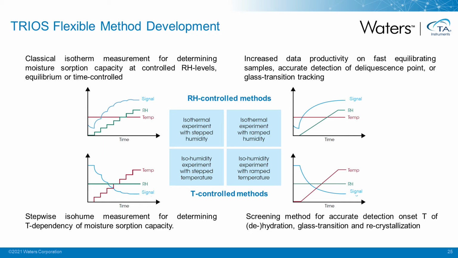The lower half is about stepping temperature or ramping temperature. Again, for fast equilibrating systems, maybe you're going to do temperature ramps in an isohum type of experiment. We saw that with respect to the sodium naproxen. And you can step temperature just as you can step RH and construct a sorption isotherm from that. So very flexible method control.